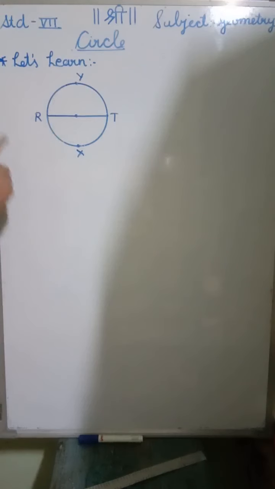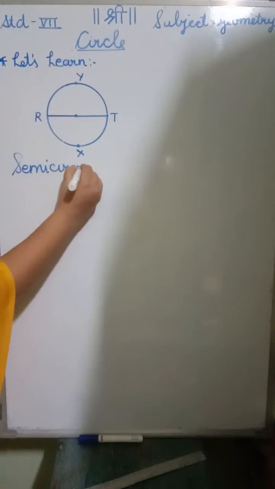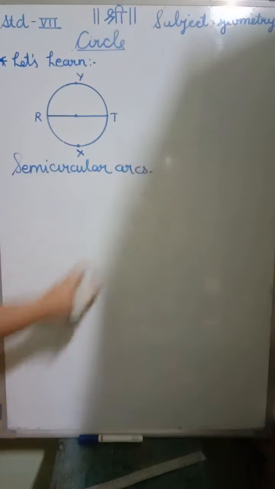Yes. Therefore, we get two arcs which are equal. So the diameter gives rise to two equal arcs and those equal arcs are called semicircular arcs. Did you understand what semicircular arcs are?